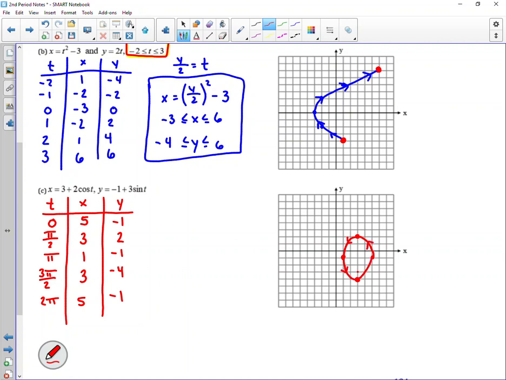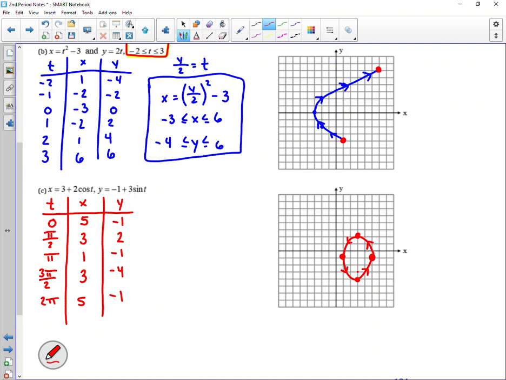Then it just keeps going. That is an ellipse. Right? And it's got vertices, these two are vertices and these two are co-vertices. You remember ellipses? With our vertices and co-vertices.